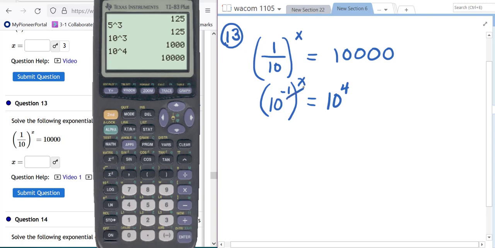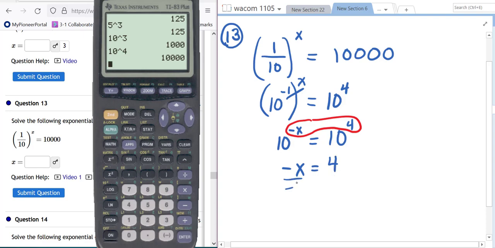And this just is going to give us negative x. So we have 10 to the negative x equals 10 to the 4th. And now you can set these exponents equal and solve. So you'll have negative x equals 4, divide by negative 1. So x is going to equal negative 4.